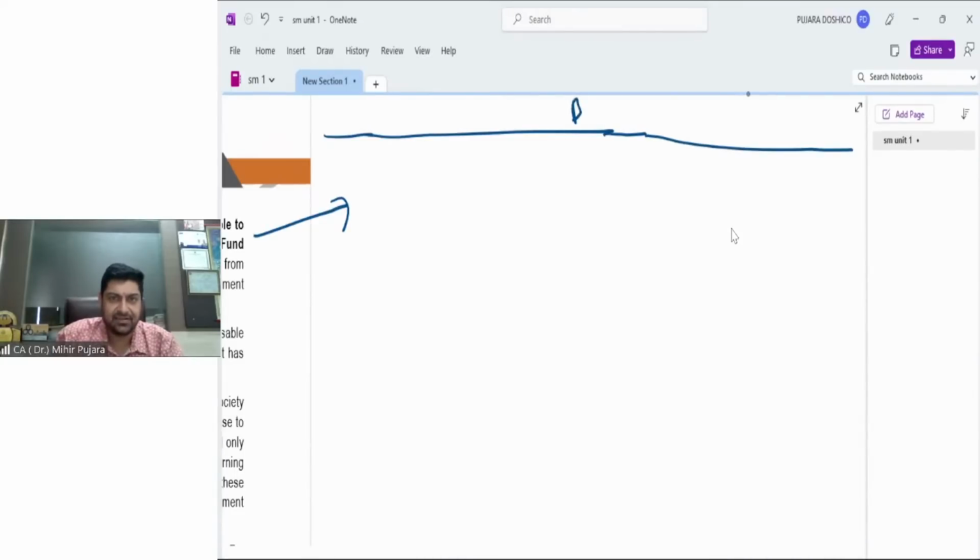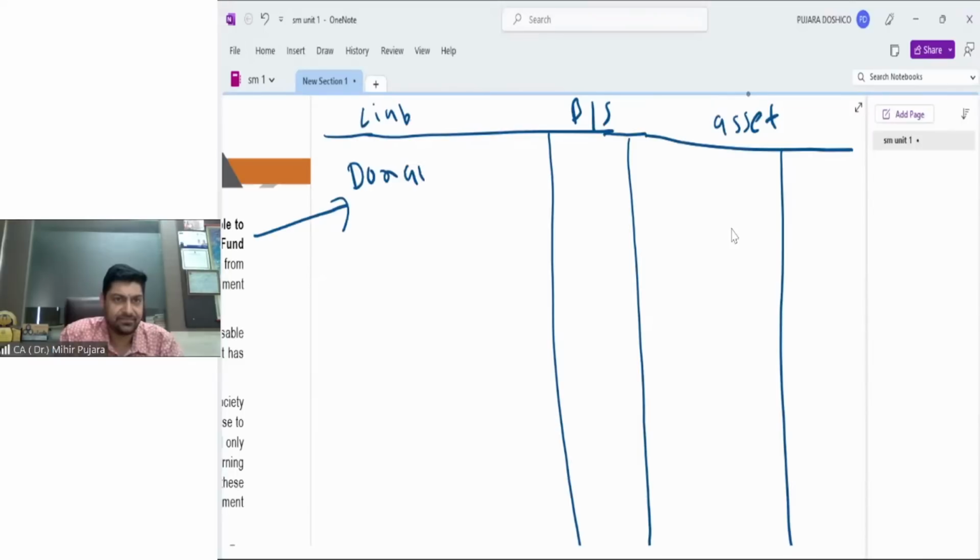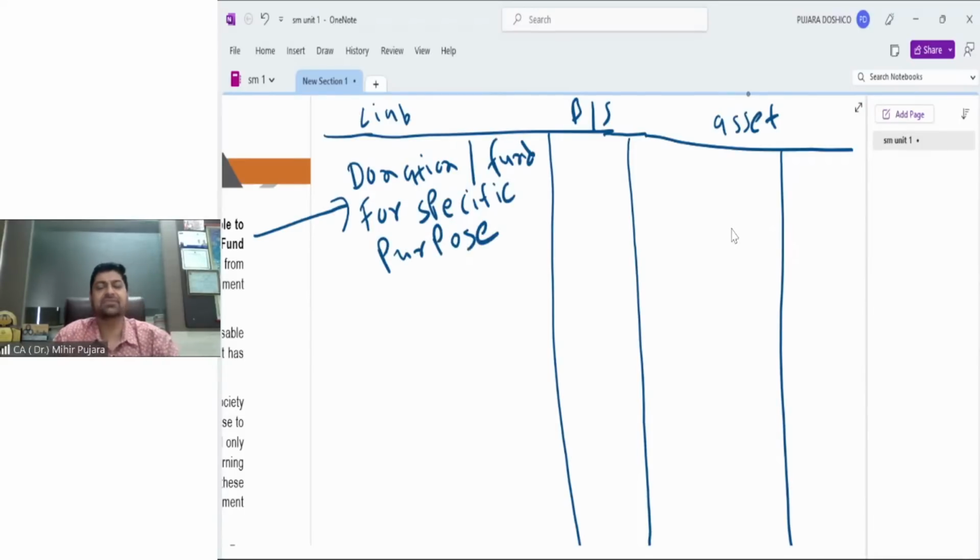It's a liability, asset, donation or fund for specific purpose.